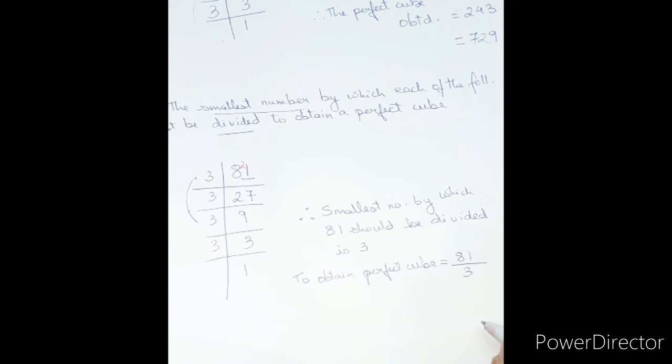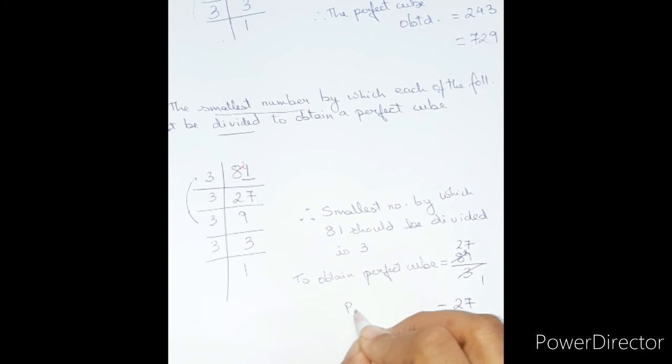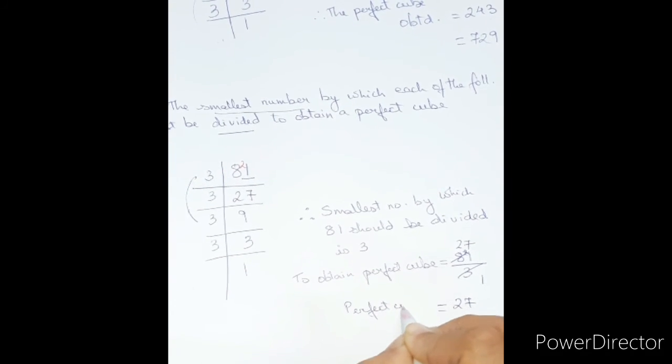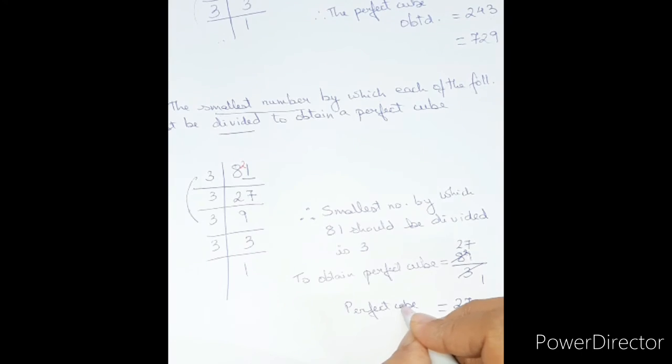You can do it in this form and cancel it out. 3 ones are 3, 3 twos are 6, 7, 8, 3 sevens are 21. So our number, or the perfect cube, is 27. So the perfect cube after dividing is 27.